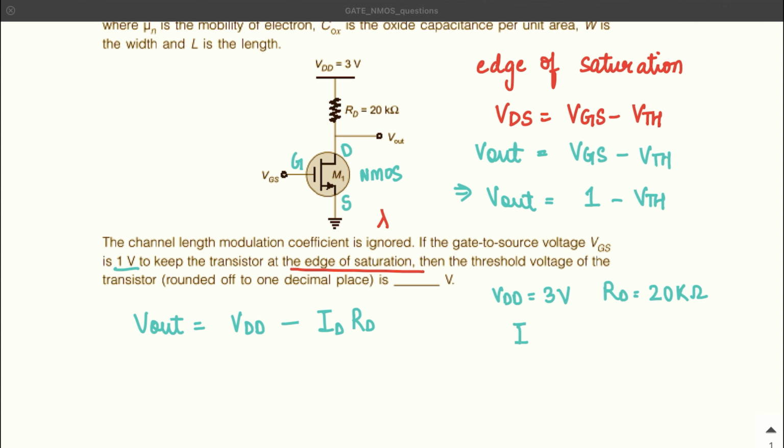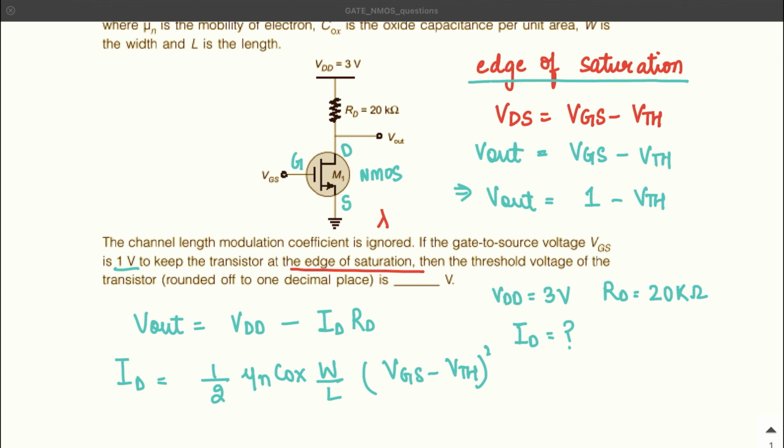The value of VDD given is 3 volt and RD is given to be 20 kilo ohms. The value of drain current is what we don't know, but we know the formula, and because we are considering the edge of saturation, we take it that the transistor is in saturation. Hence, the drain current equation will be ID equals half mu n Cox W by L times VGS minus VTH whole square.